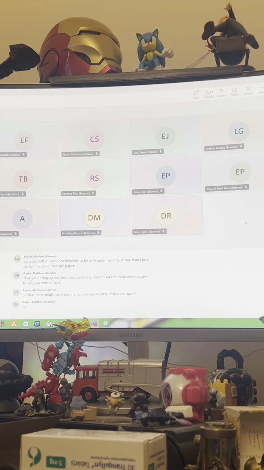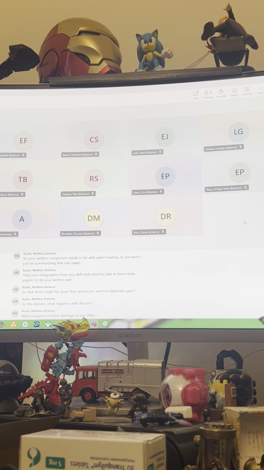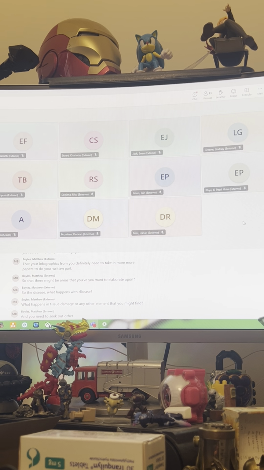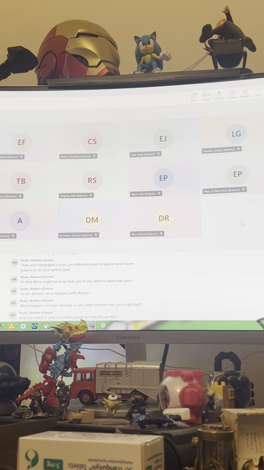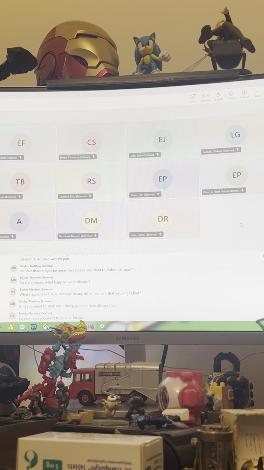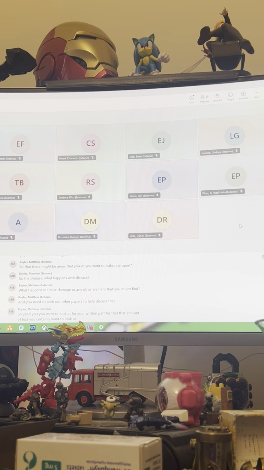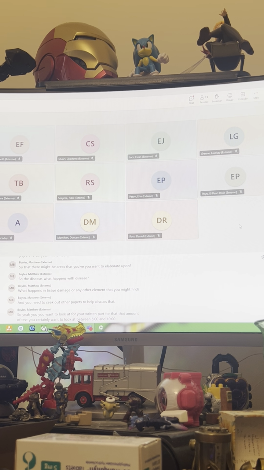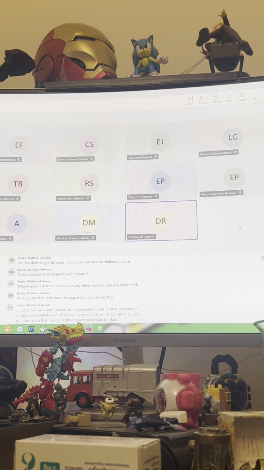So the disease, what happens with disease, what happens in tissue damage, or any other element that you might find, and you need to seek out other papers to help discuss that. So for your written part, for that amount of text, you certainly want to look at between 5 and 10 other papers to include. Perfect, thank you.